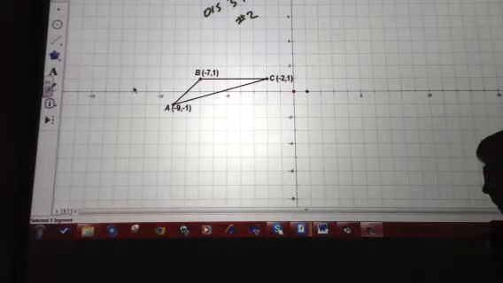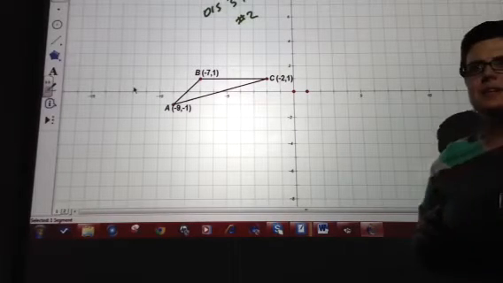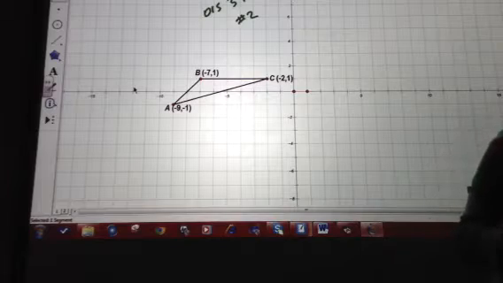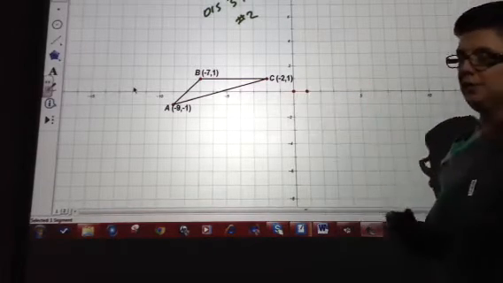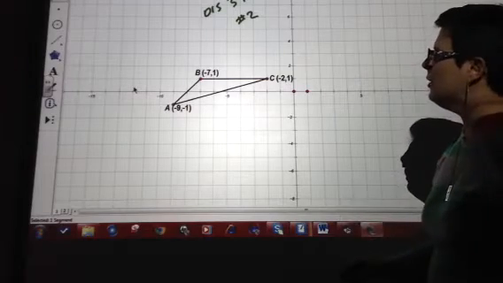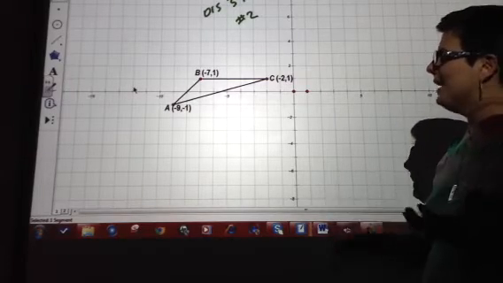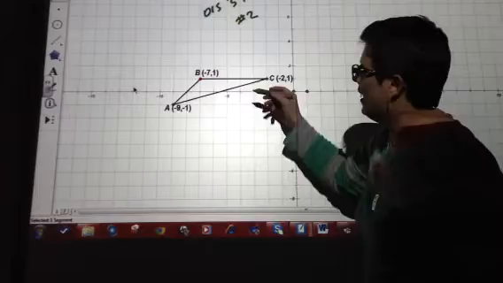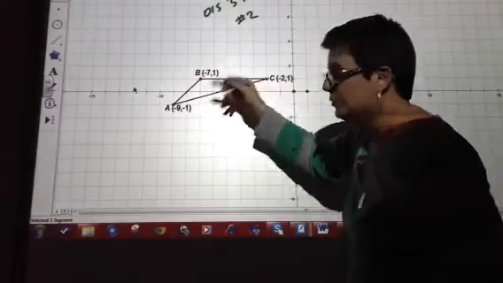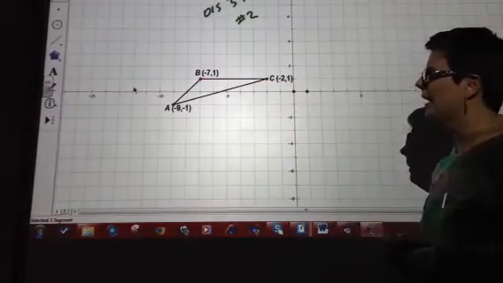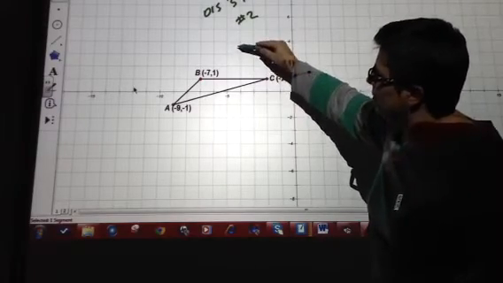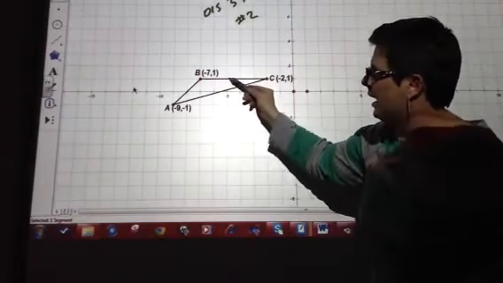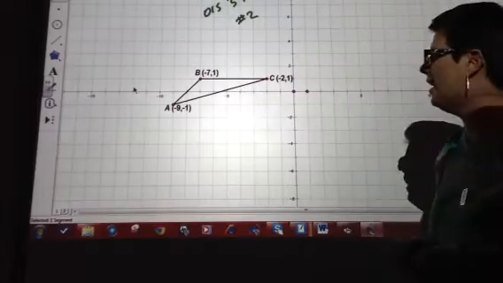Now, the circumcenter is the point of concurrency of the perpendicular bisectors of the sides of a triangle. So if we're looking for perpendicular bisectors, we would need to find the midpoints of two sides, and then I would need to find the slope of the line that is perpendicular to each respective side.